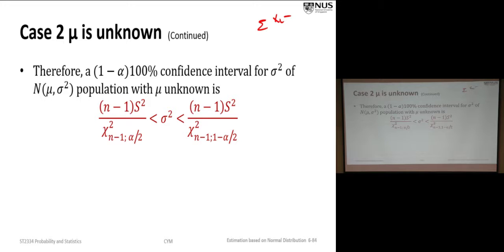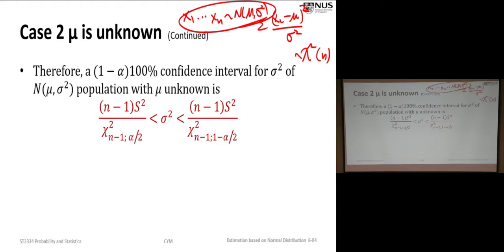Summation of xi minus mu squared over sigma square follows a chi-square distribution with n degrees of freedom, provided that your sample is from a normal distribution with mean mu and variance sigma square. This is the assumption that we make.